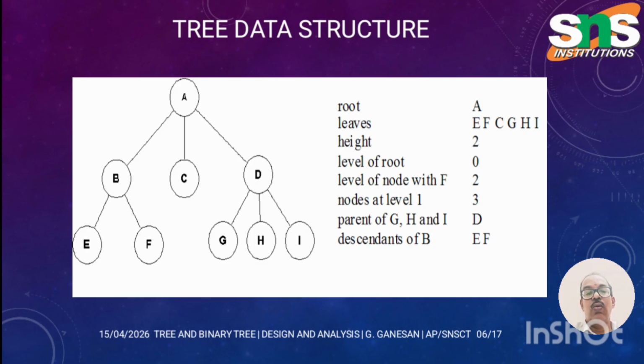We know that only one node, the root node, is in 0 level. Here level 1 there are 3 nodes, level 2 there are 5 nodes. So here D is called as parent of G, H, I and B is a parent of E and F. Likewise, A is a grandparent of E and F.